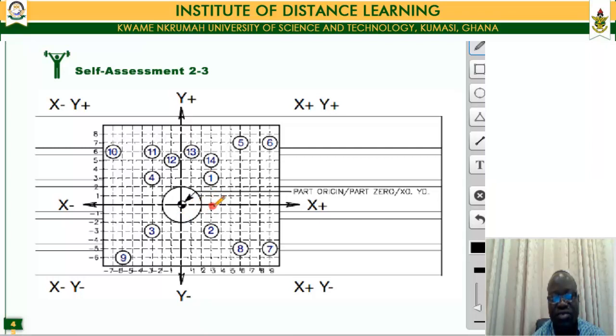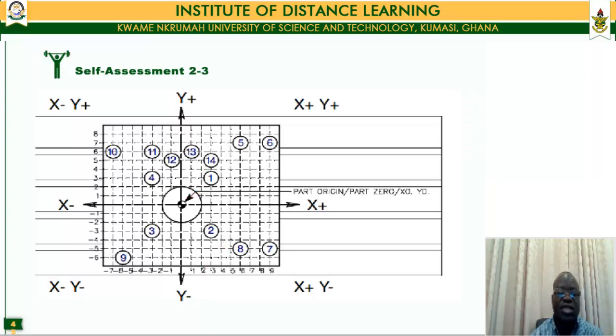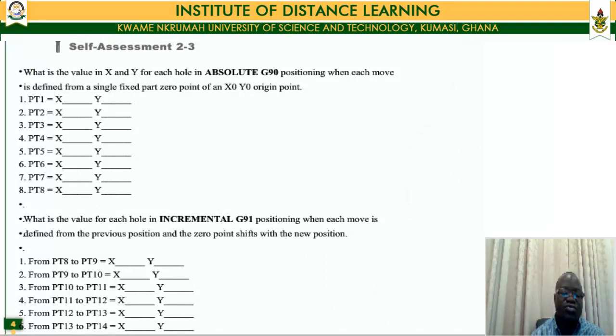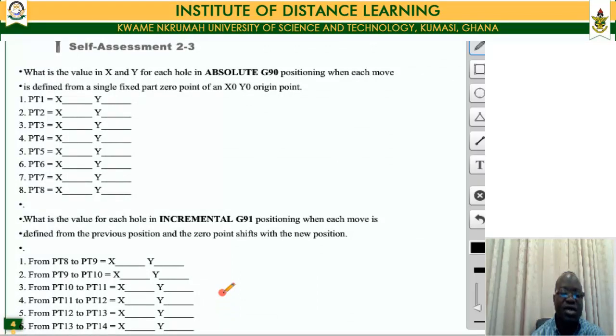The y is 1, 2, 3. So for point 1 it is 3, 3. You come to point 2, the y is actually negative down here, and then the x also has a certain value. So for this one too, you can take the value there. So you try and collect all these values for the absolute coordinate system. Then the next task is to write some points in the incremental coordinate system.